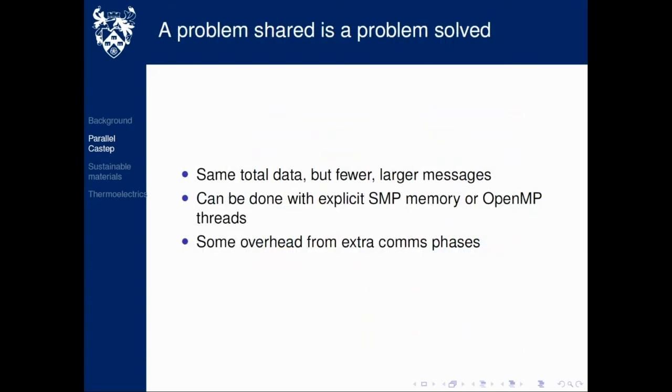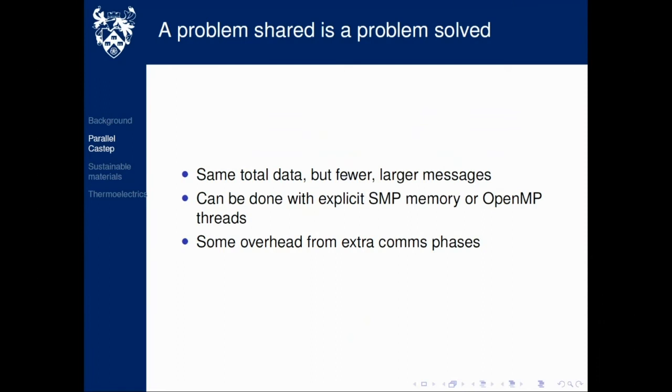I've not changed anything about what data is exchanged or even really when it happens in the larger flow of CASTEP. I can do it with explicit shared memory, either System V or POSIX shared memory, or I could do it by using OpenMP threads. So maybe what I labeled as master process, that's an MPI process, and the others are just OpenMP threads.